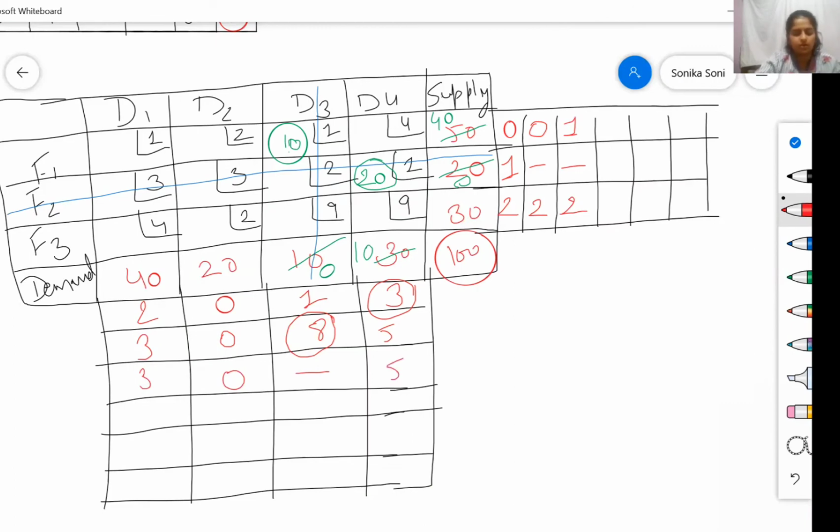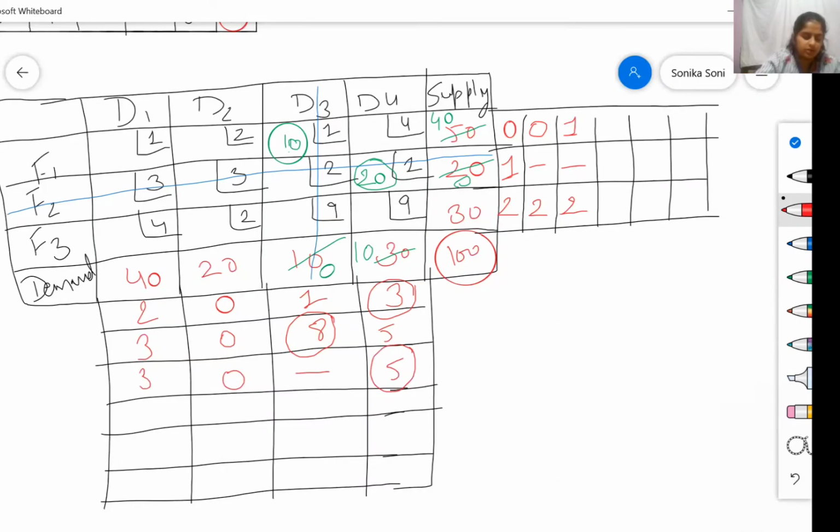Now in the third penalty row and column, which one is the highest here? We have 5 as the highest. So we will look for the lowest cost in D4 column. We have F1 D4, 4 as the lowest.